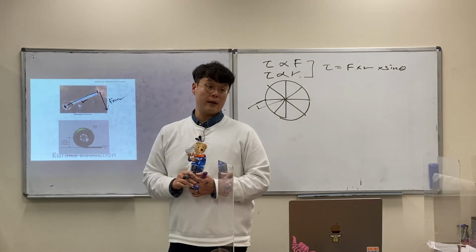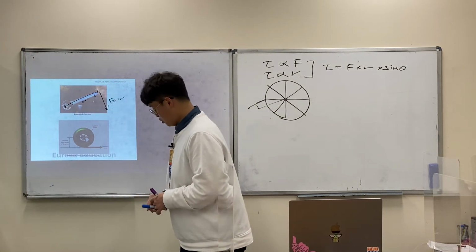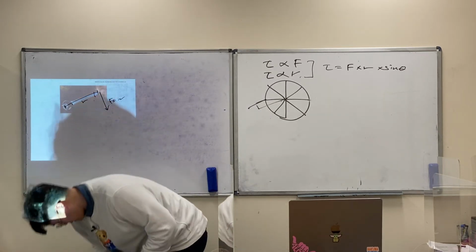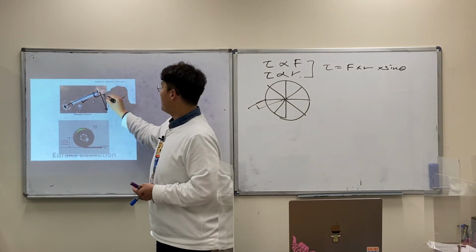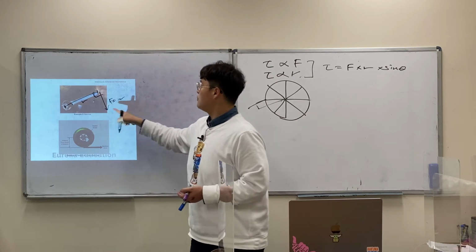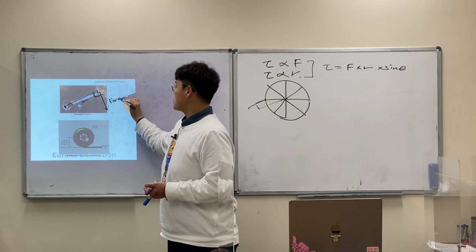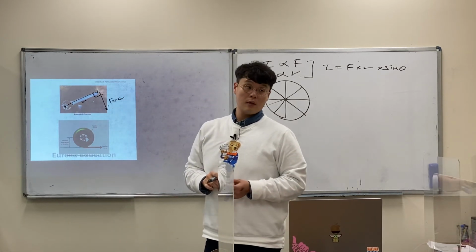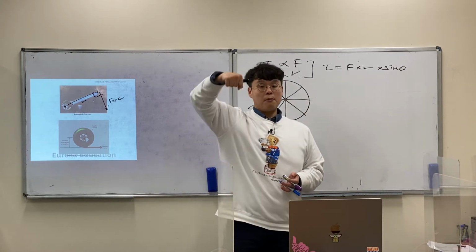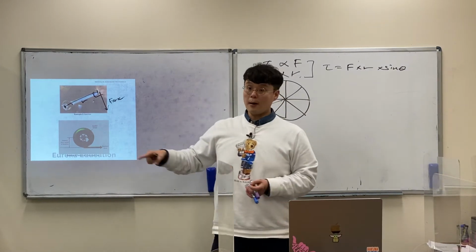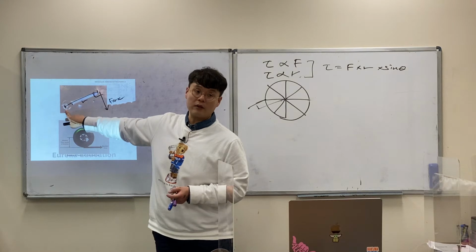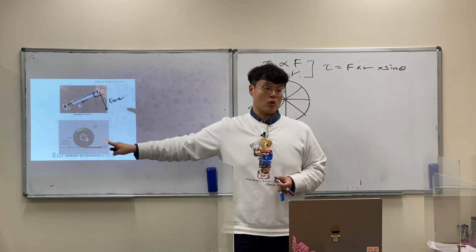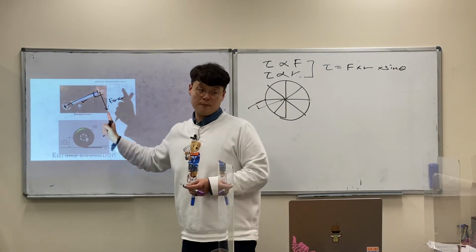That would be R there. The angle would be in between R, the arm of the lever, and the force, like that. So by applying that kind of force, you are making the turning effect of the bolt, so you can undo or do the bolt like this.